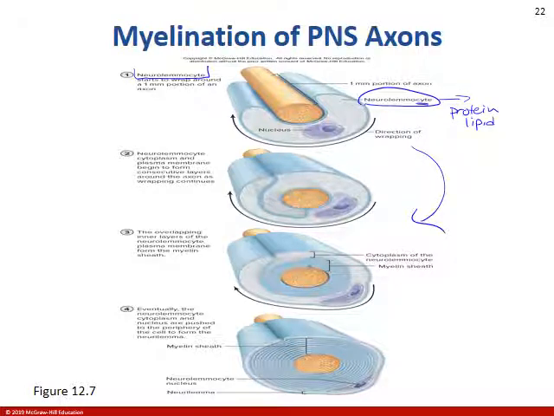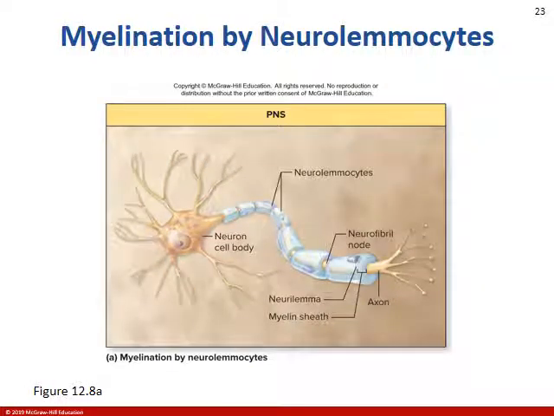And that lipid protein is what makes up myelin. So the neuroleukocyte is just making myelin, and it's wrapping at the same time. So eventually you end up with this myelin sheath, this wrapping of myelin around the axon. One of the things to notice when we look at a neuroleukocyte, we can see that these are individual cells, so each one has a nucleus.